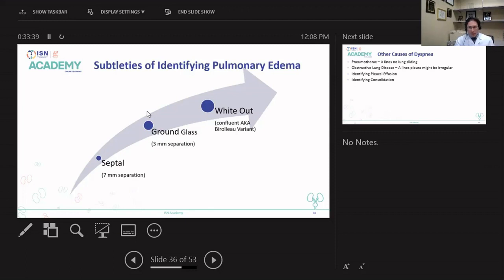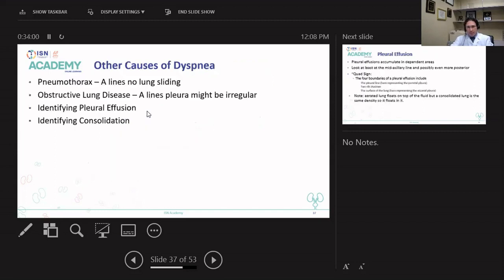This is the Birolleau variant. I will make note that in clinical studies where they encountered a whiteout pattern or confluent B-lines, they counted those regions as 10 B-lines. For those studies that I showed you, that was the common practice.